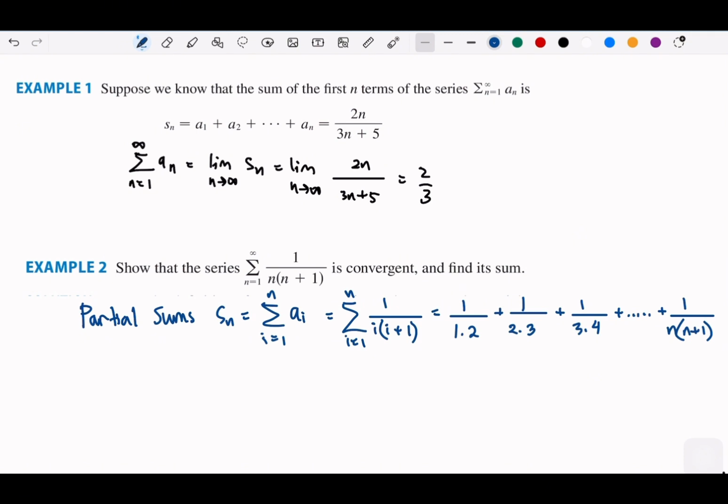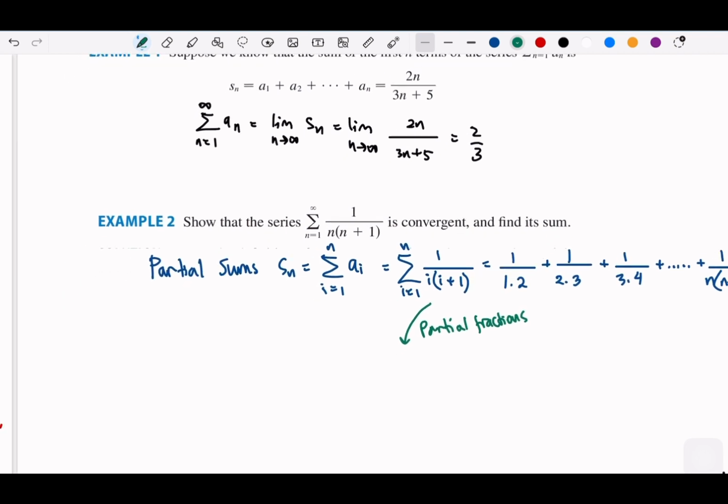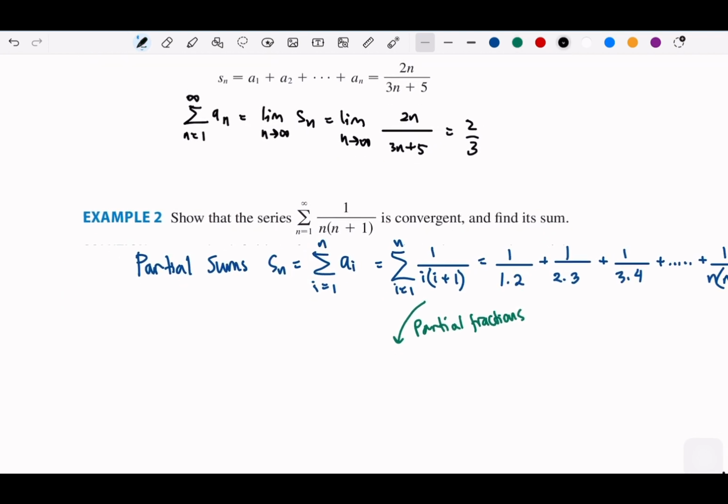Okay, so if we take the partial fraction of this, we split this into separate fractions, and we can write 1 over I minus 1 over I plus 1.